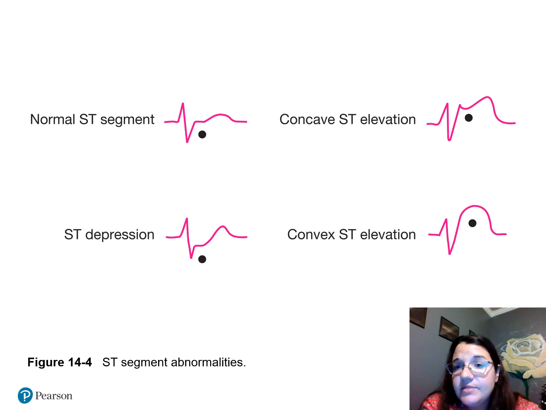And in this one, I'm sorry, concave, you'll notice it looks like a U. Below that is convex, and it looks like a cove, okay? And then to the left, underneath your normal segment, is ST depression, meaning your ST segment is below that baseline.